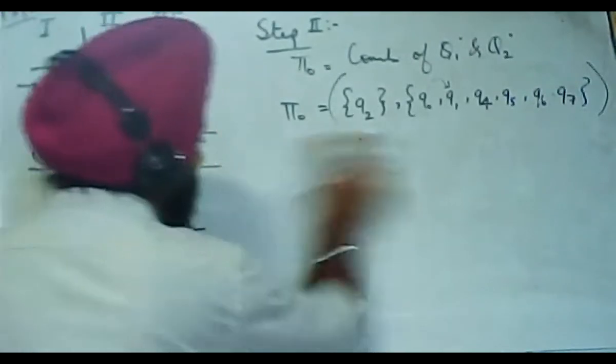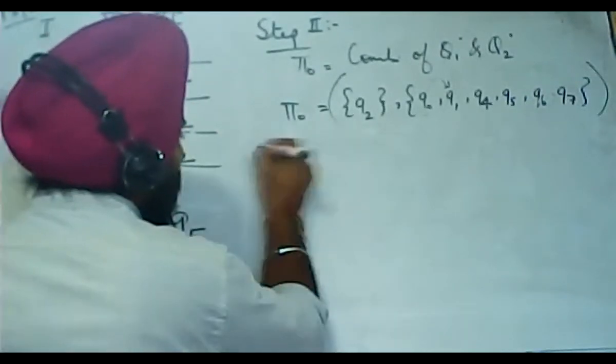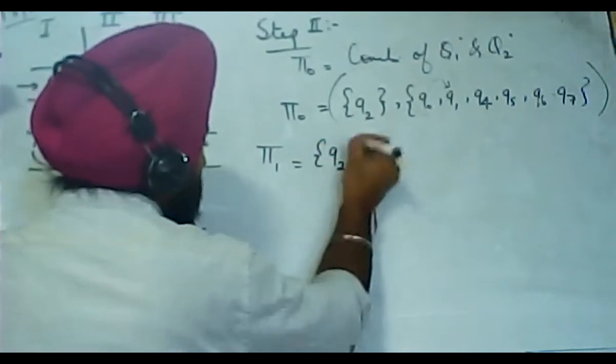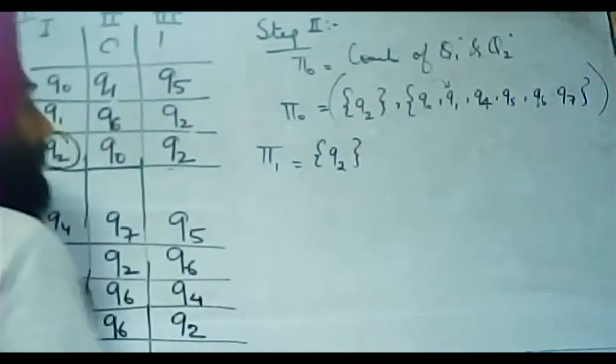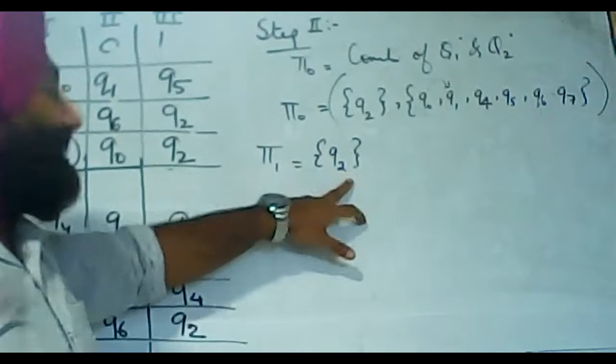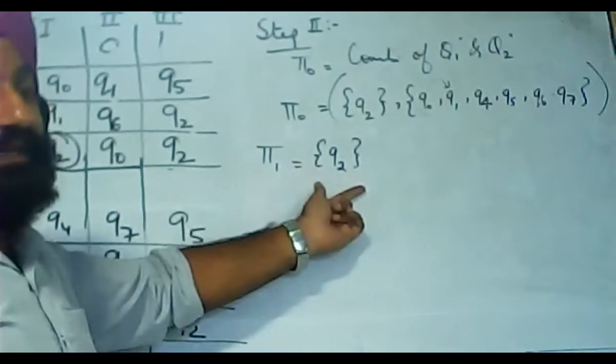I'm repeating it again. Pi 1: you have to write that set which has a single state.